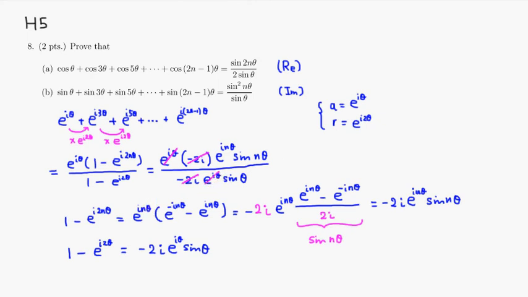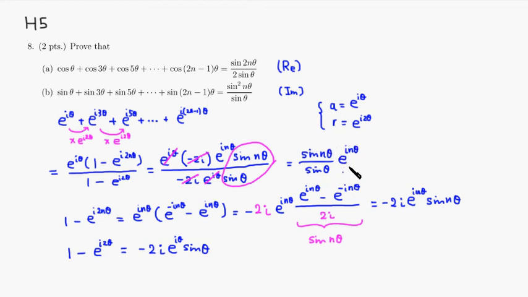What you get is, let me group this together: this has no i in it, so it's just a real number, sine of n theta over sine of theta, times e to the i n theta.